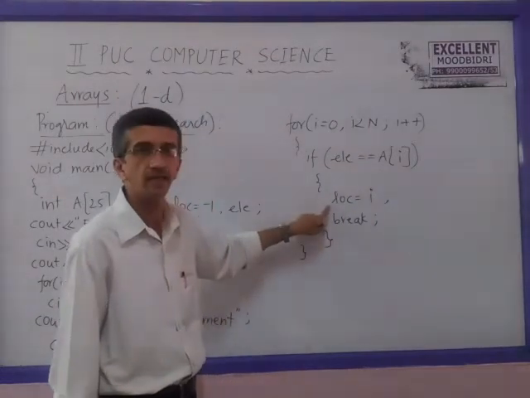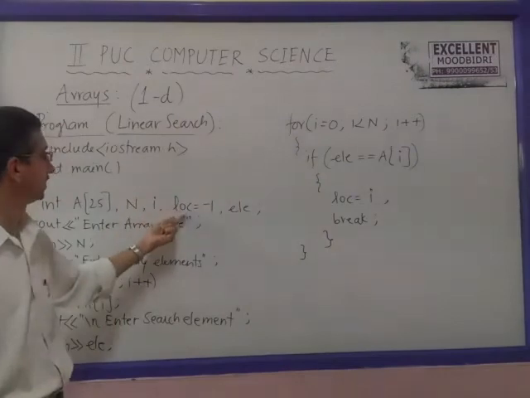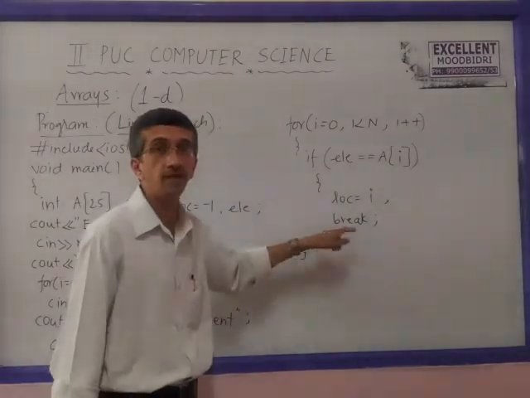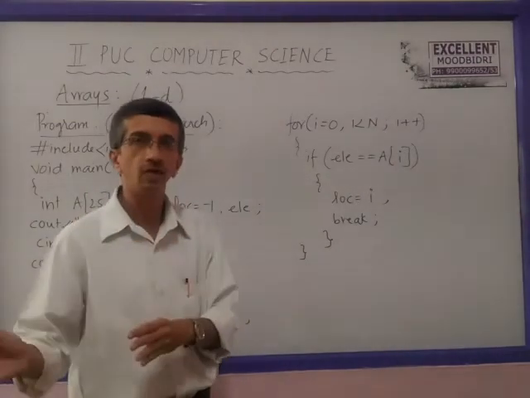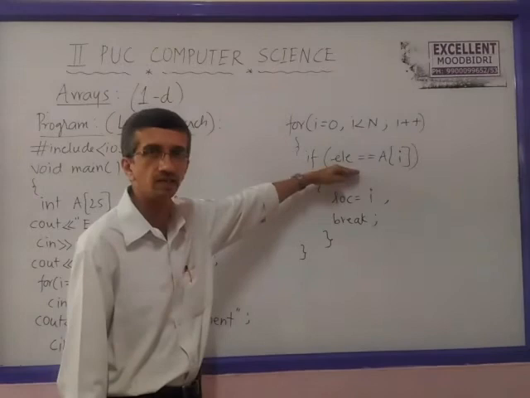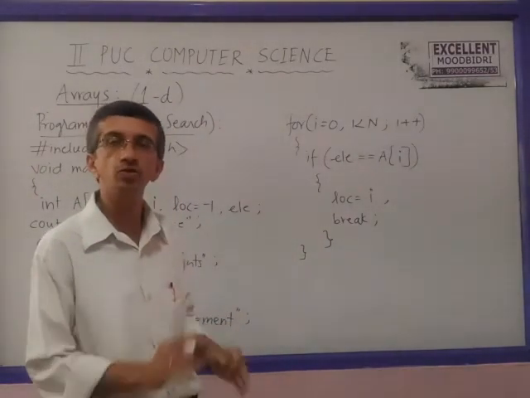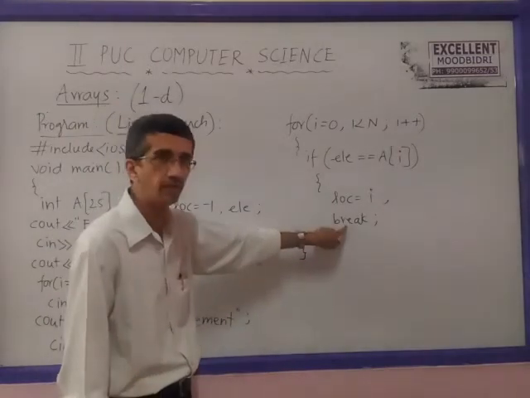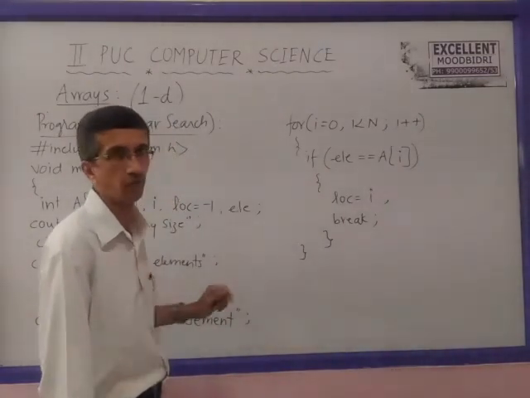So assign it to the location variable, which was initialized to -1, and break. Break is similar to the go to statement, it takes you out of the for loop. Whenever the comparison is successful, you have to break the loop because the search must stop there. That is why you must have a break statement within that if.